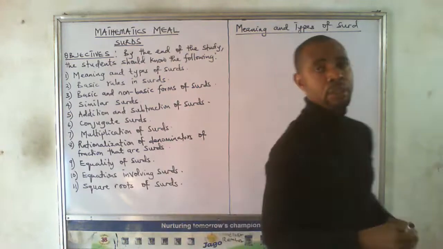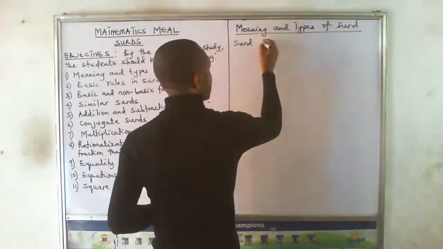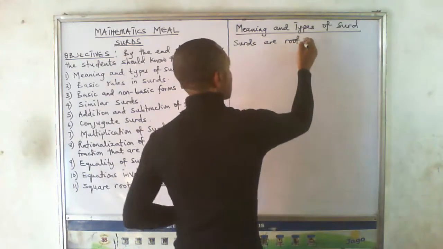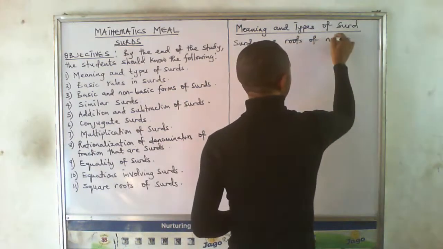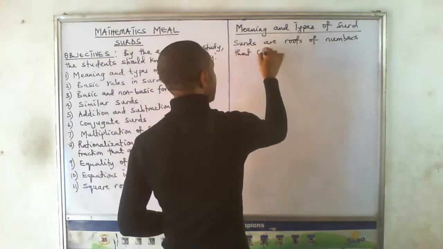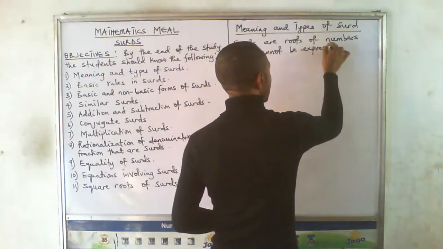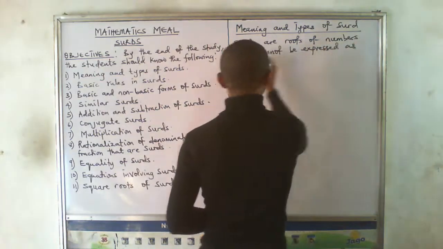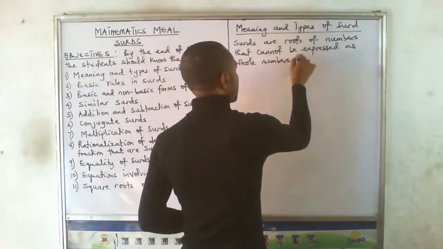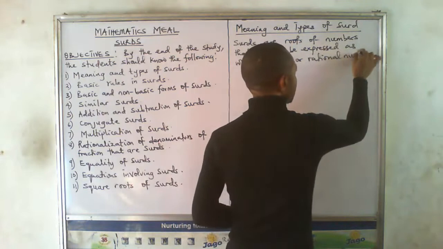I define surd this way. Surd or surds are roots of numbers that cannot be expressed as whole numbers or rational numbers.